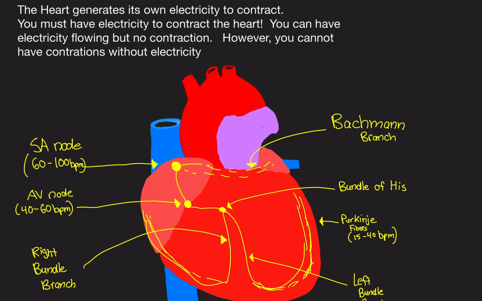Well, it is possible to have the pacemaker cells functioning perfectly fine. Those are the things that generate the electricity. They function perfectly fine, but maybe the muscle cells that actually do the contracting are dead or not working as intended. So that's going to come in a later video, but in this video, we're going to go over the pathway.